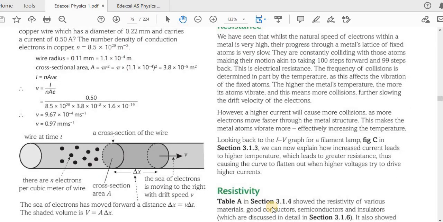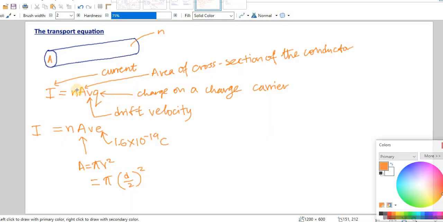Alright, then one more thing, I think I didn't write what the N is here, so let's write that right now. N is the number of charge carriers per cubic meter. So in the case of a wire, that is the electrons in 1 cubic meter.